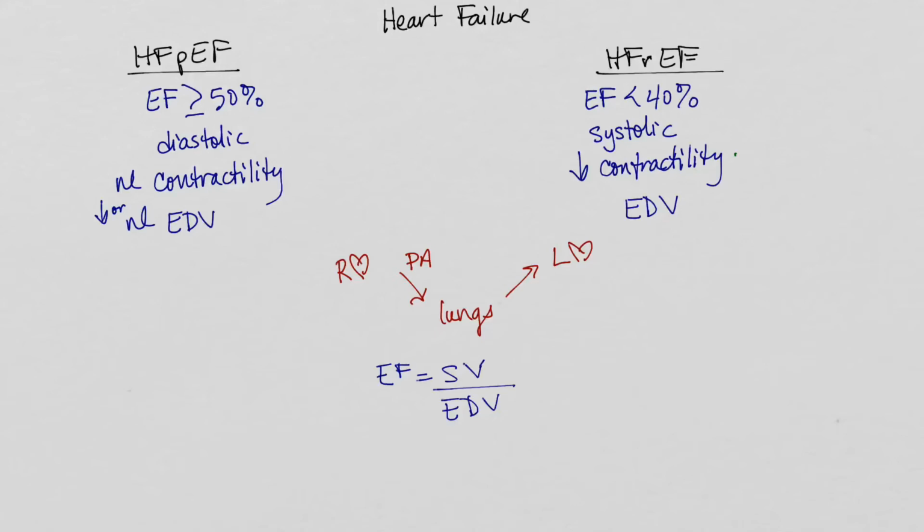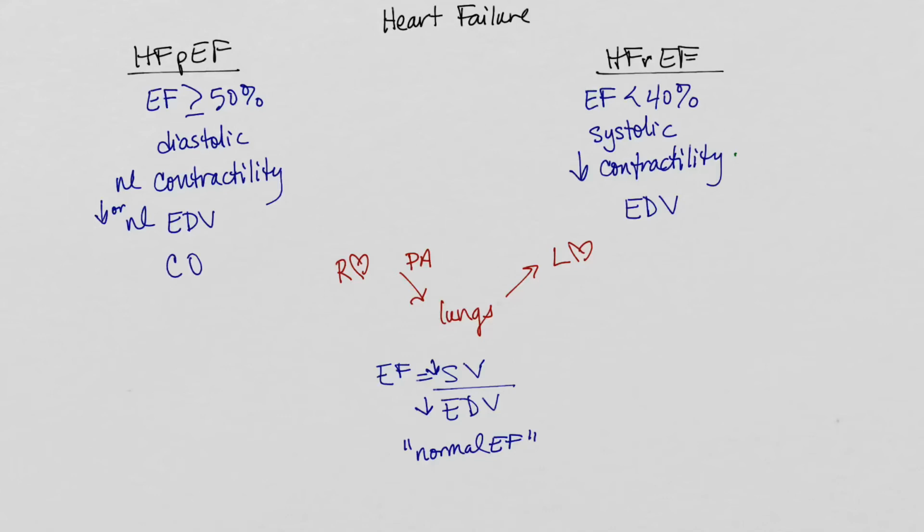If you have a lower end diastolic volume because you're having trouble filling the left ventricle, but you still have normal contractility, then your stroke volume is going to go down by about the same amount as the preload. So these two will kind of cancel each other out, and you'll have a, quote, normal EF, which is what we're talking about here. We're talking about heart failure with preserved ejection fraction with a normal ejection fraction.